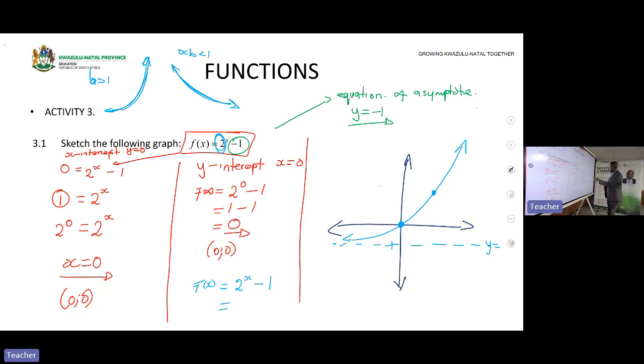So we can simply substitute maybe 1 where there is x. Then you get another point. It will be 2 minus 1, which will be y equals 1. So another point on our graph would be when x is equal to 1, then y is also equal to 1.